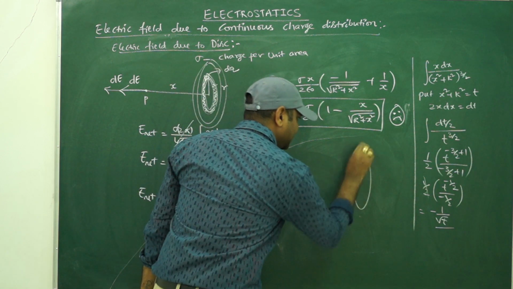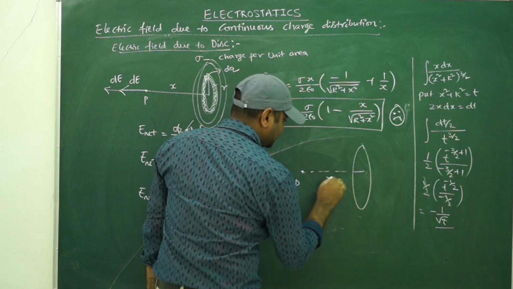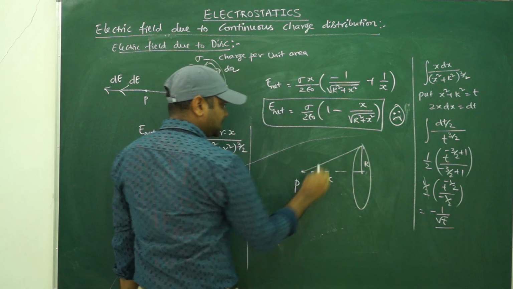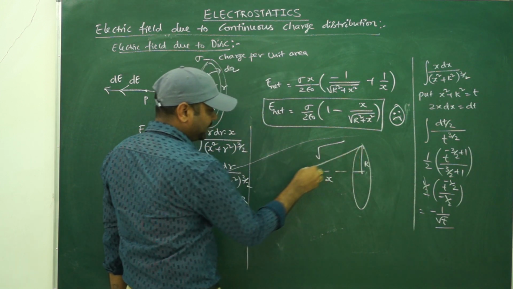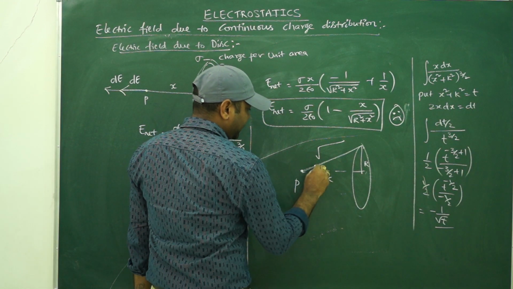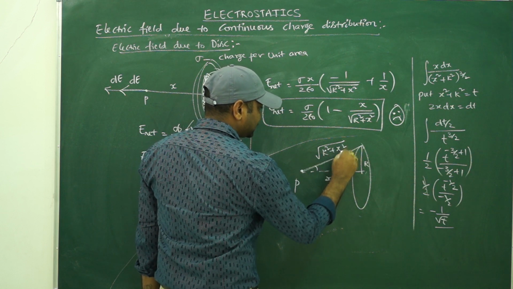So this is the charge disk, and this is the point P. This distance is x, and this is r. If I connect any point on the periphery of the disk to point P, this distance becomes root of r square plus x square.